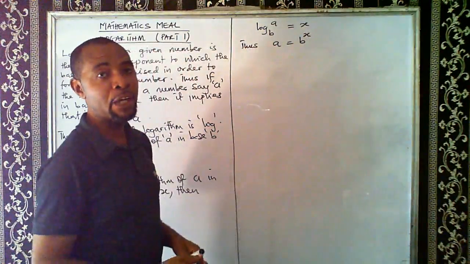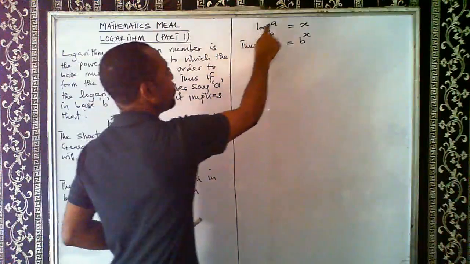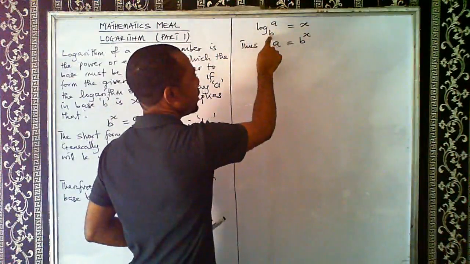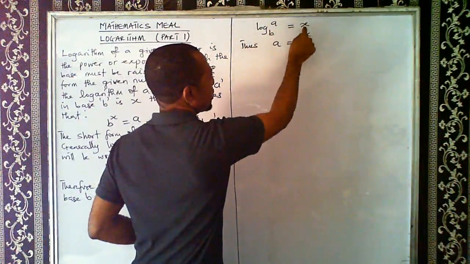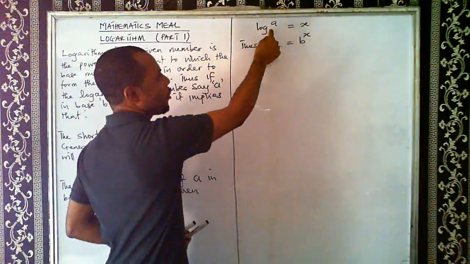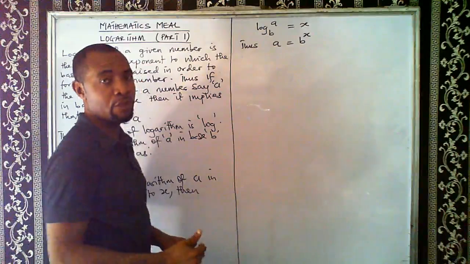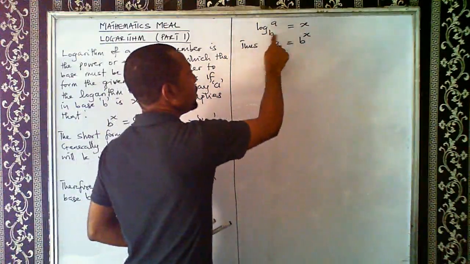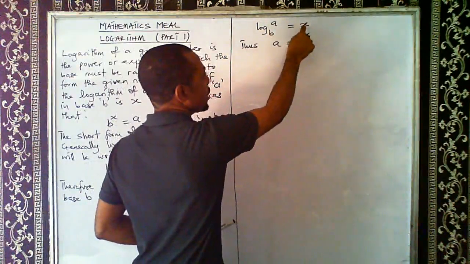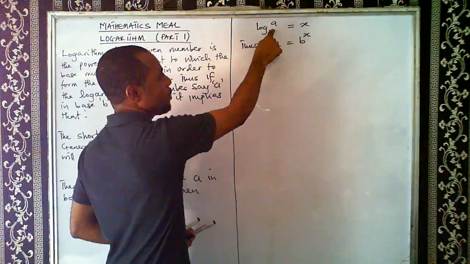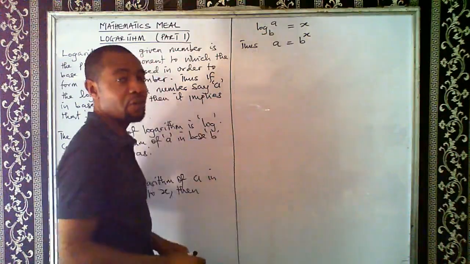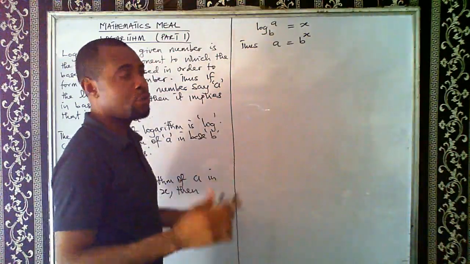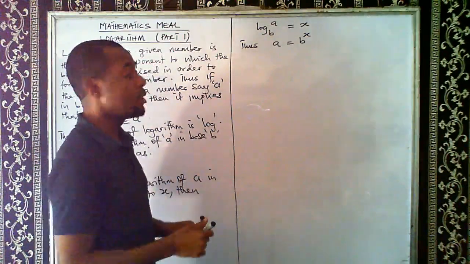So what do we mean by logarithm now? The logarithm of a in base b is this x that will become the power of b for us to form a. So logarithm of a in base b is the number x such that if this number is used as a power on the base, we are going to find a. Using numbers, we make it clearer now.